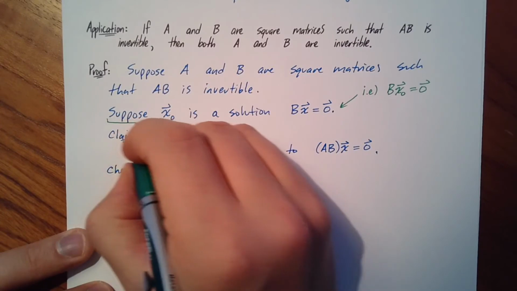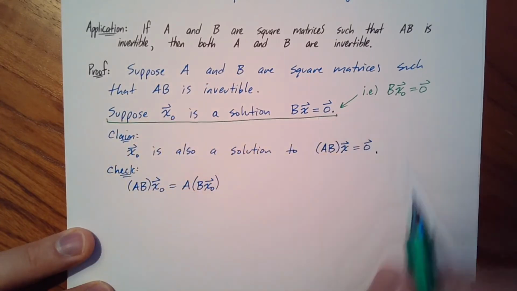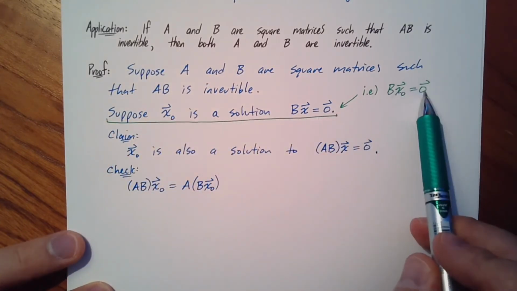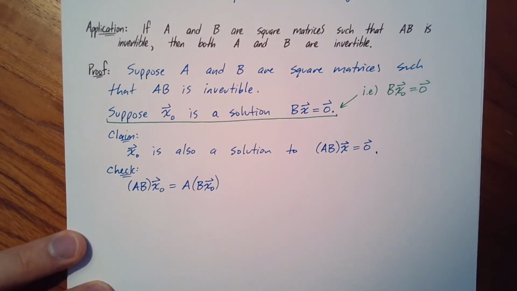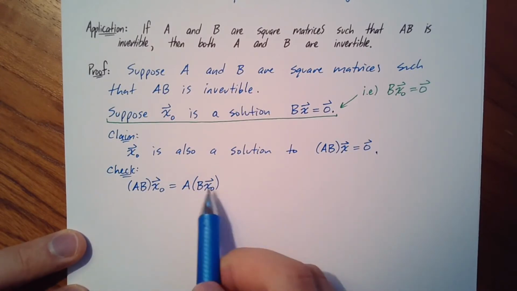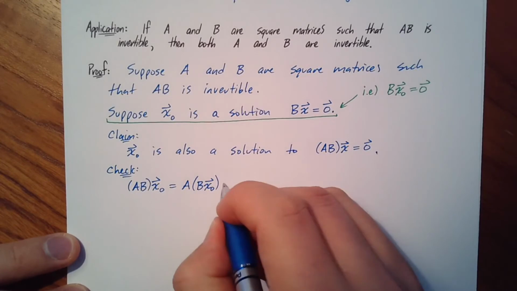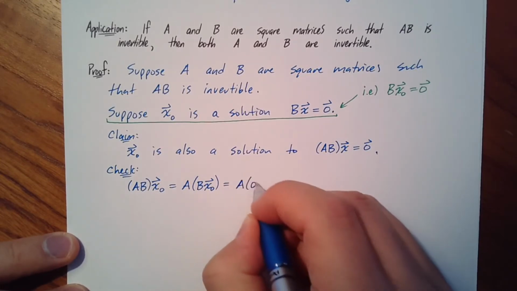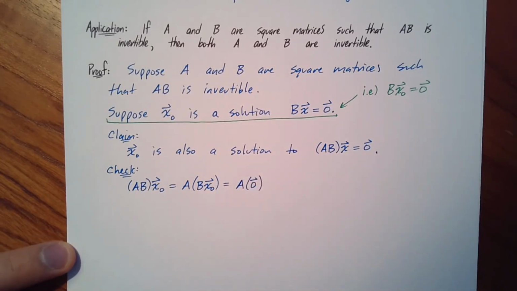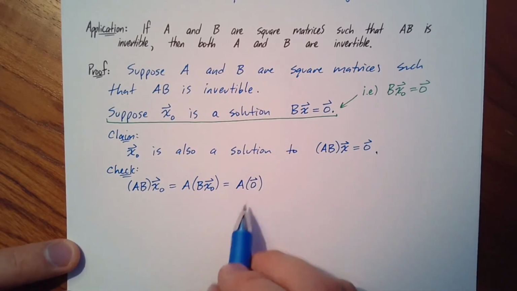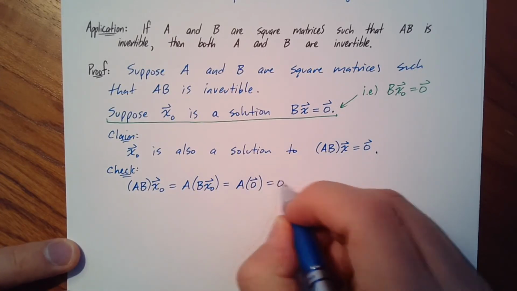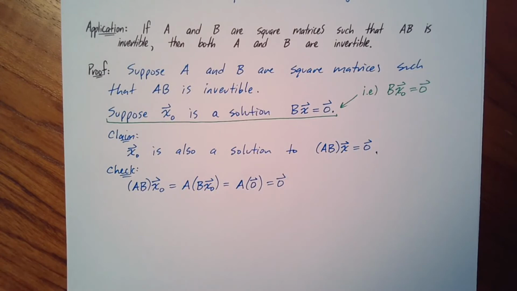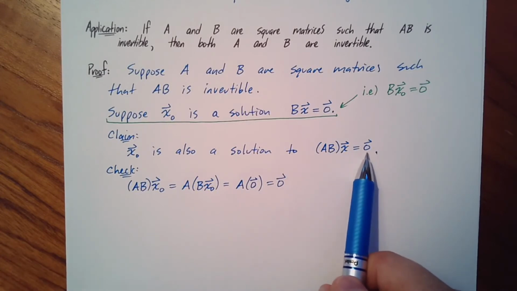I'll just underline it in green to make it clear. This is what we assumed. So, well, then that means this is equal to the 0 matrix, right? So this is equal to A times the 0 matrix. And A times the 0 matrix is just going to be the 0 matrix. So that's how we get the 0 that we were looking for over here.